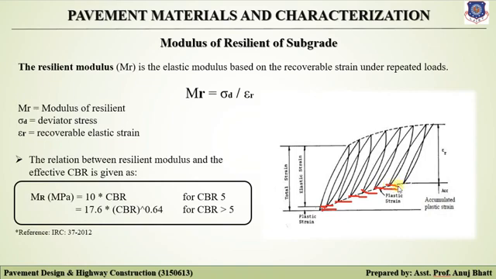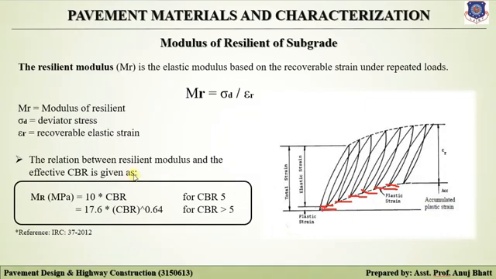This is not an exact tangent, but if we draw an exact tangent line here, we can see the gradual decrement in the plastic strain. So after 100 to 200 repetitions, the strain is practically all recoverable, as indicated by epsilon r, which is ER in the figure. You can see over here.